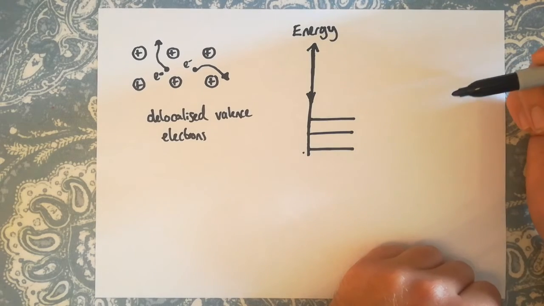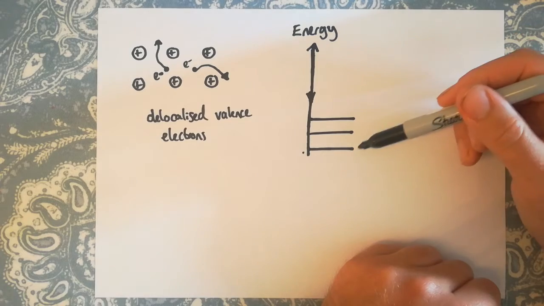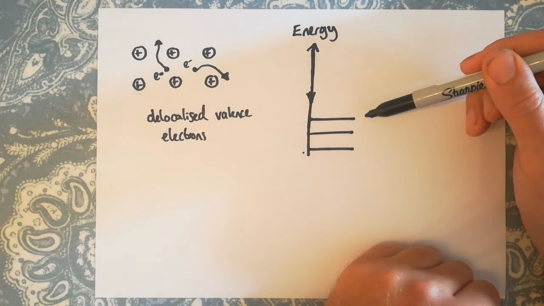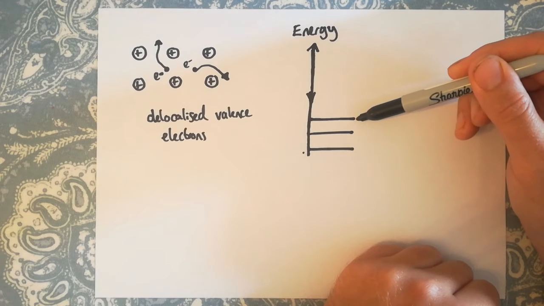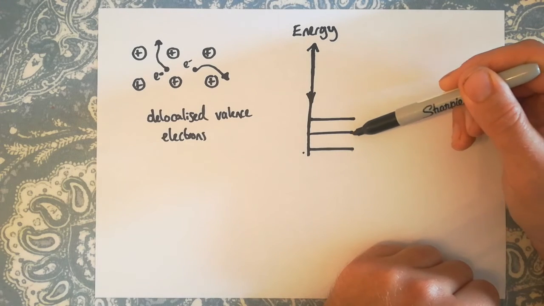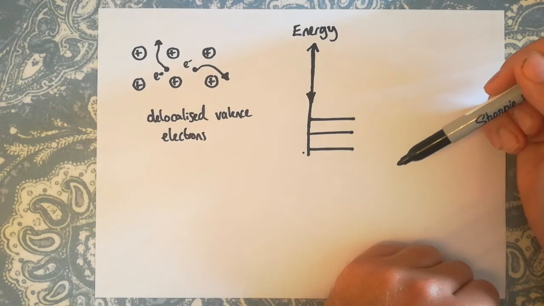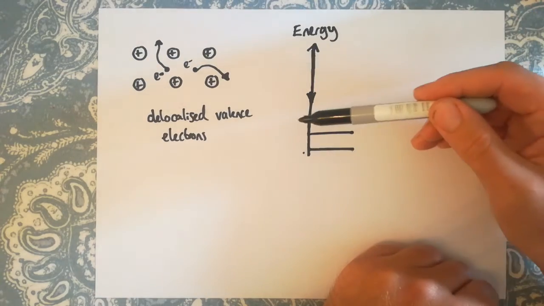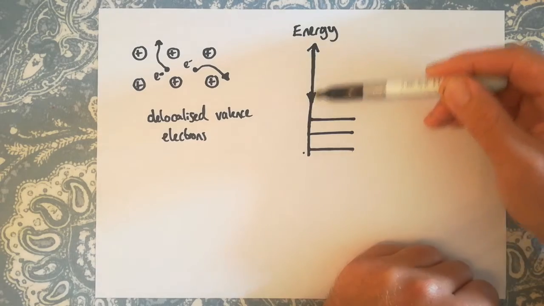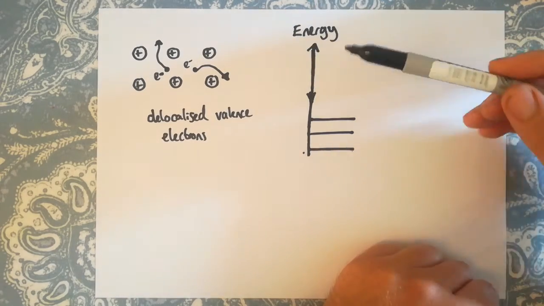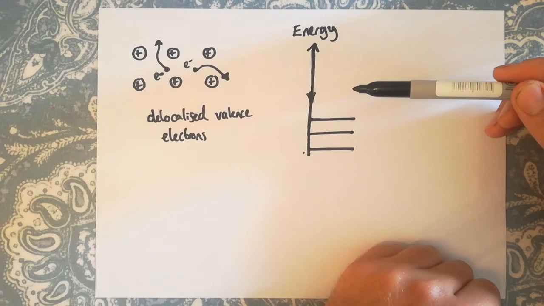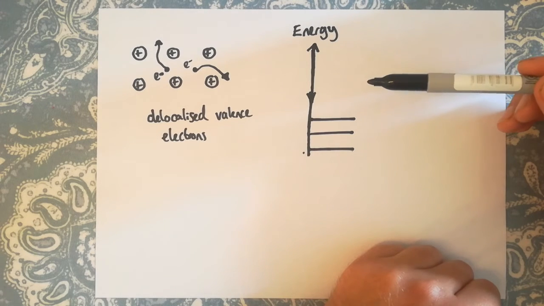I'm not drawing this in any way accurately, but within the atom, the electrons have well-defined energy levels. When we get to the valence electrons, the electrons that were in the outermost shell of the atom, they're at the highest energy level.